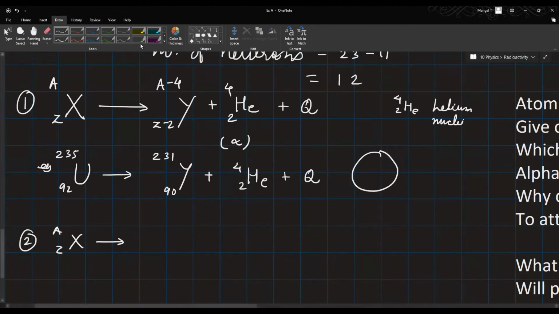These are protons and these are neutrons inside a nucleus. Now from that nucleus, if 2 neutrons and 2 protons escape, we say that the nucleus has emitted an alpha particle. Is that clear to everyone?